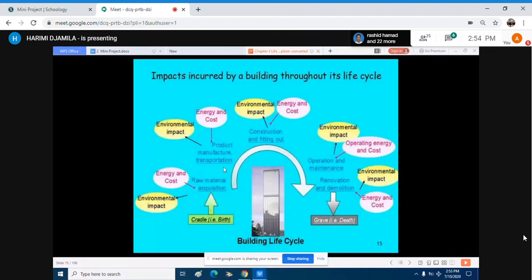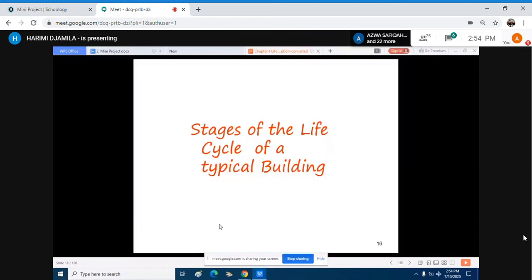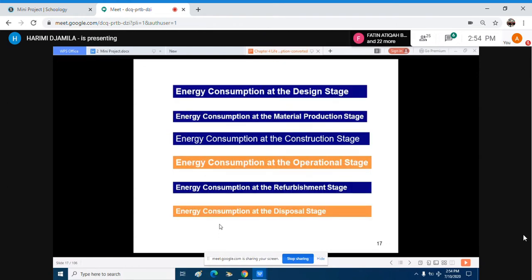Before the building is a birth of the building. Okay, so let us provide further information about stages of the life cycle of a typical building. So you are supposed to remember it.